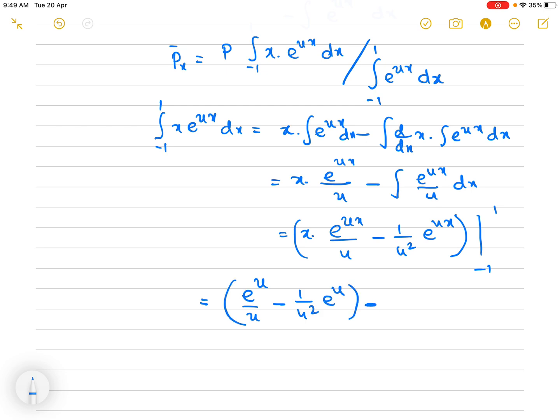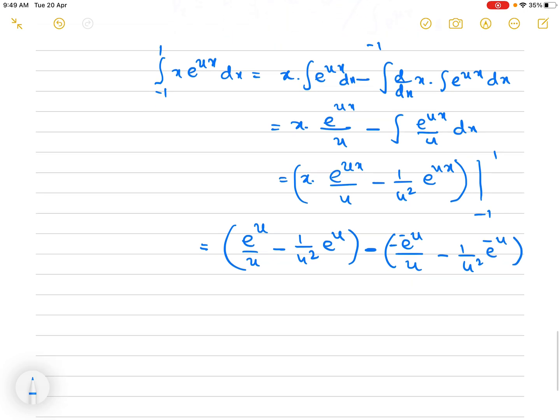So we have here, minus into minus plus, so we get 1 by u square e power minus u minus e power u, and then plus e power u plus e power minus u by u.